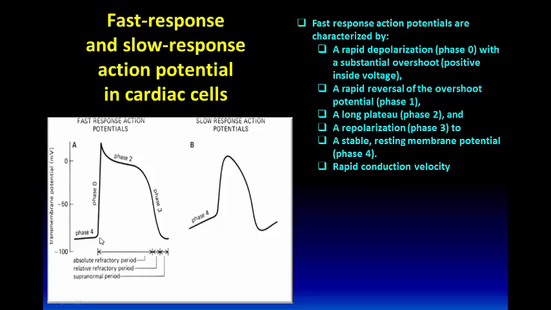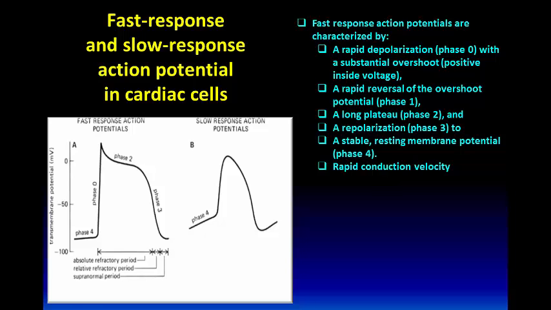They are characterized by very rapid depolarization, phase 0, with substantial overshoot. The membrane becomes less and less negative, reaching zero potential, and then the membrane potential becomes positive. This is what we call the overshoot, positive 10 and positive 20. So the inner surface of the membrane becomes positively charged.